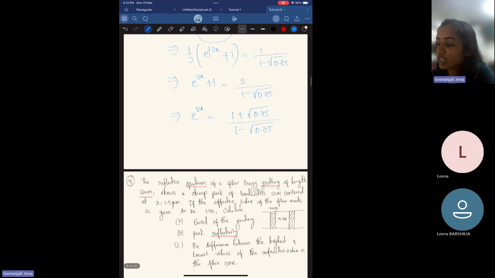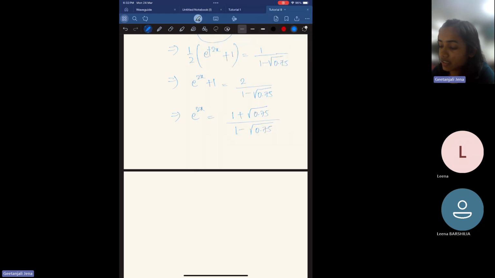Now it's easy to eliminate the exponential by taking a logarithm. So ln of e to the 2x will give 2x, which is ln of 1 plus the square root of 0.75 over 1 minus the square root of 0.75.